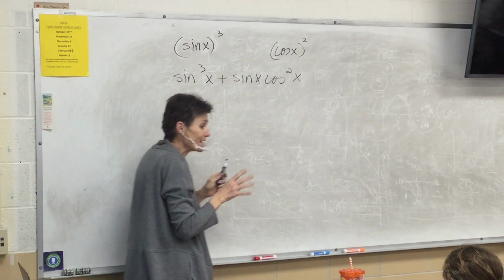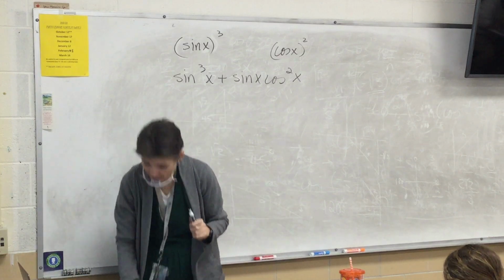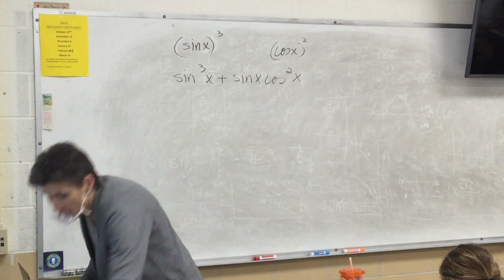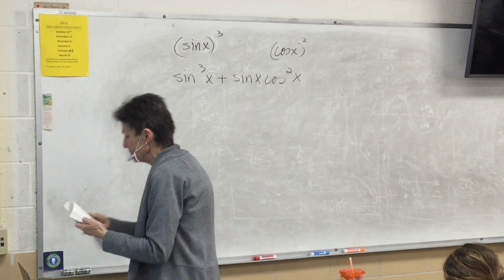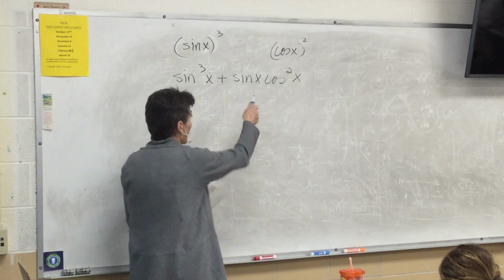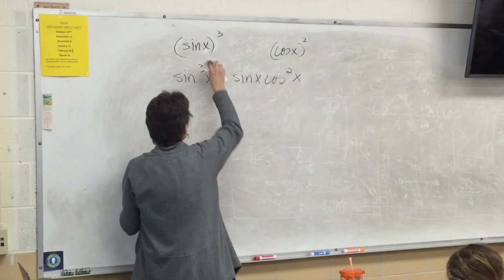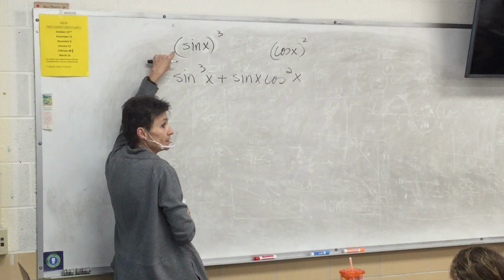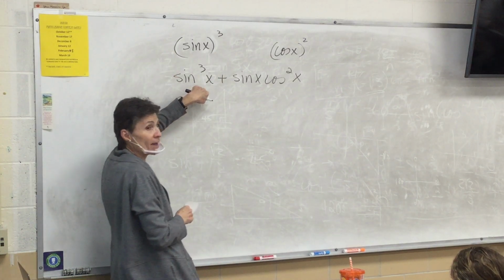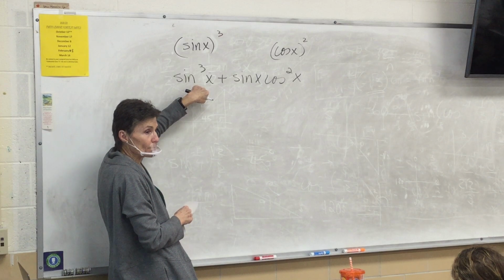So to avoid having to use parentheses all the time, we just put the cubed after the sine, or after the cosine. That's where we put our powers. This is what it means, but this saves me from having to put all those parentheses every time.